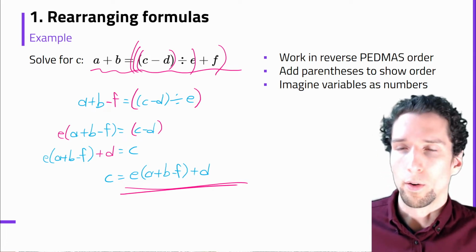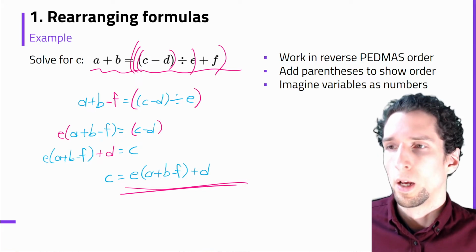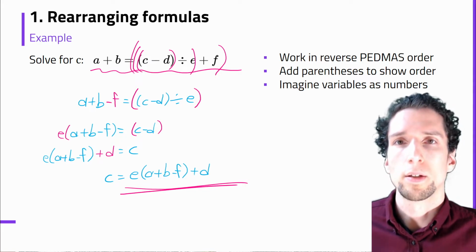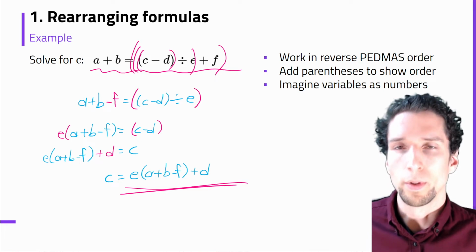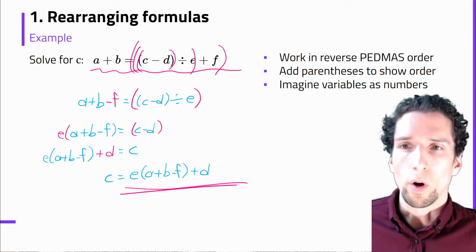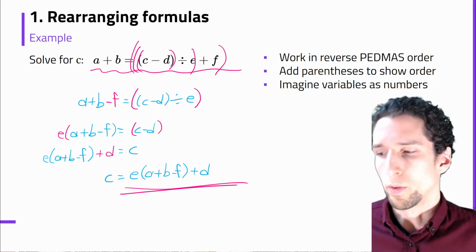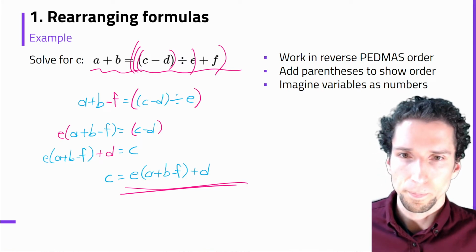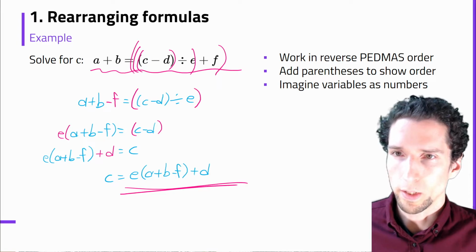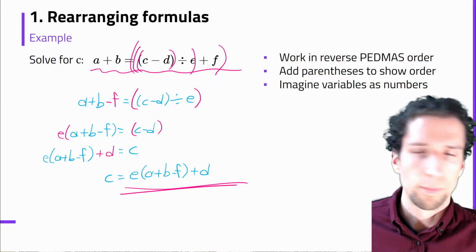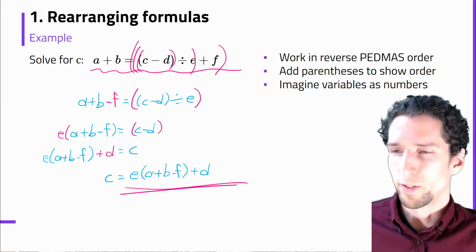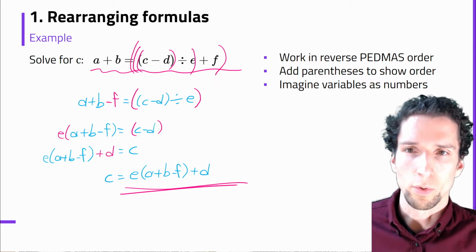It's just a matter of what things go first. So writing out these brackets, imagining your variables as numbers, or doing your reverse order of operations, all of those are useful techniques here. I've just done the brackets version so we're not here in this video forever. I won't repeat the question with the other types.